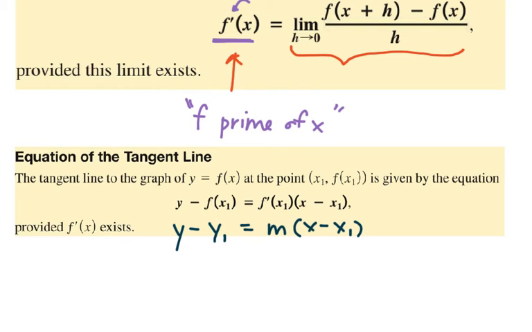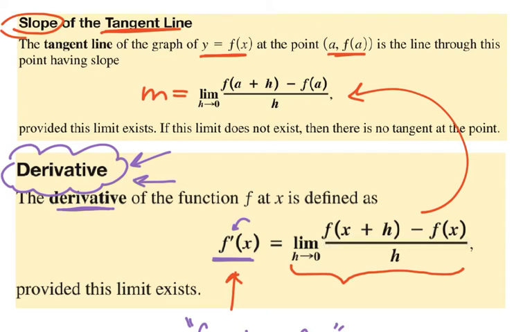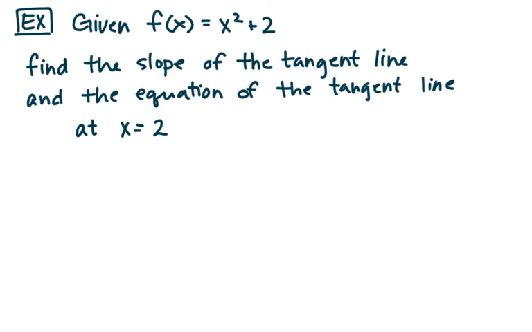So now that we have addressed these definitions, we know what slope and the derivative are. Slope of the tangent line represents the derivative. Let's do an example where we find the equation of a tangent line at a given point. As you can see here, we are given a function f of x.